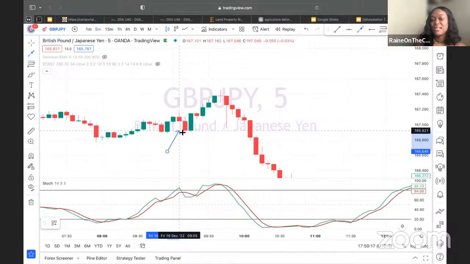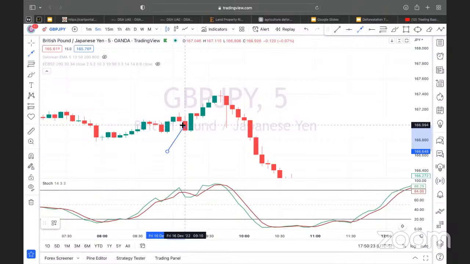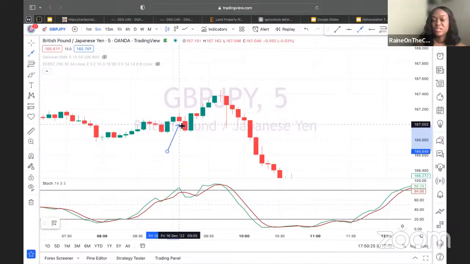What type of candle is it? Is it bullish or bearish? It's bearish.